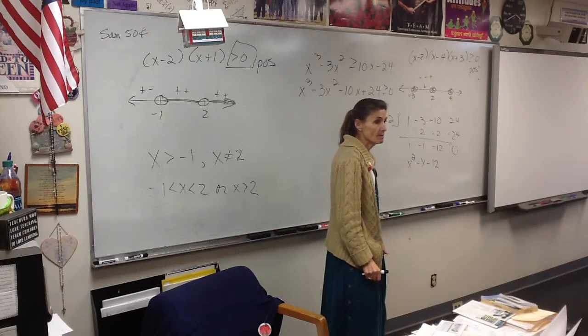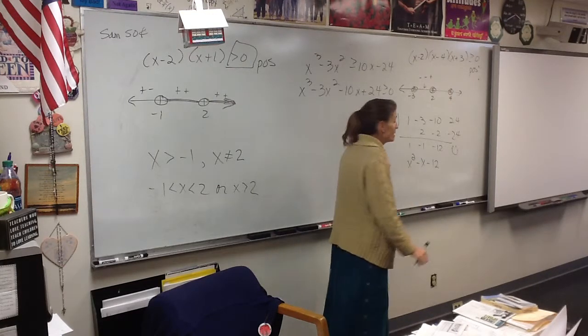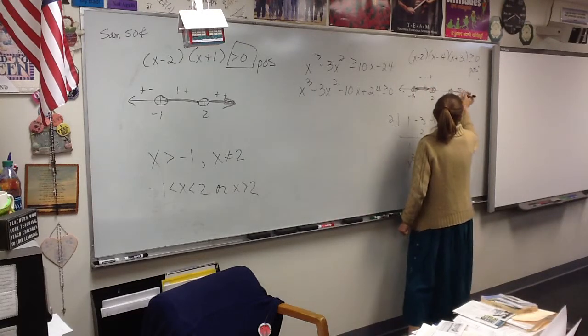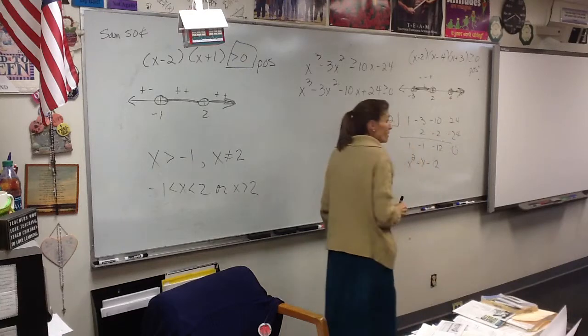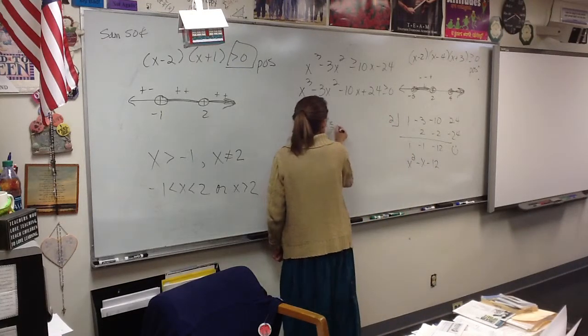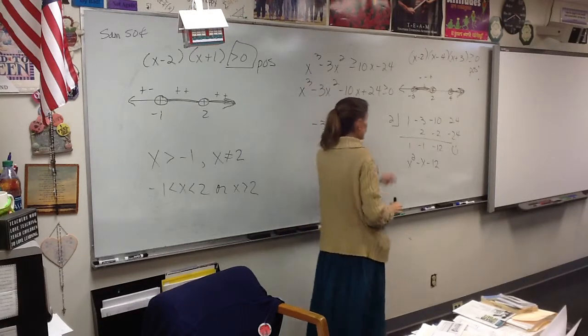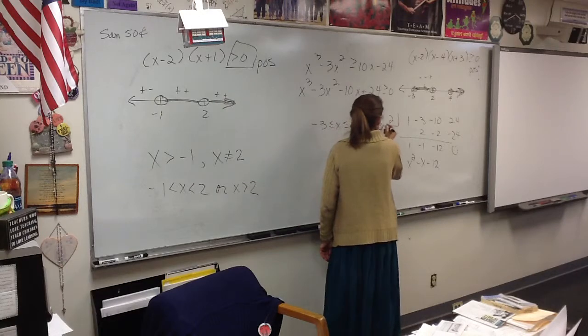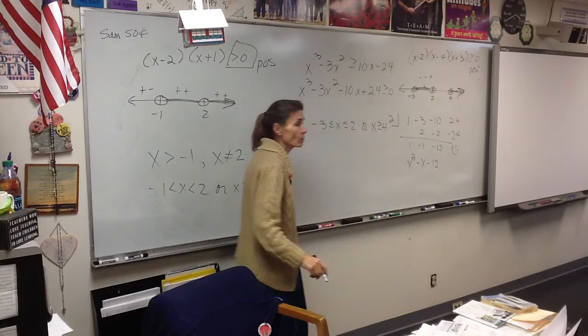Is that positive? Yes. Yes, it is. So this works, which means this works. So Moses, I have a 2-part answer. I have everything between -3 and 2, and everything bigger than 4.